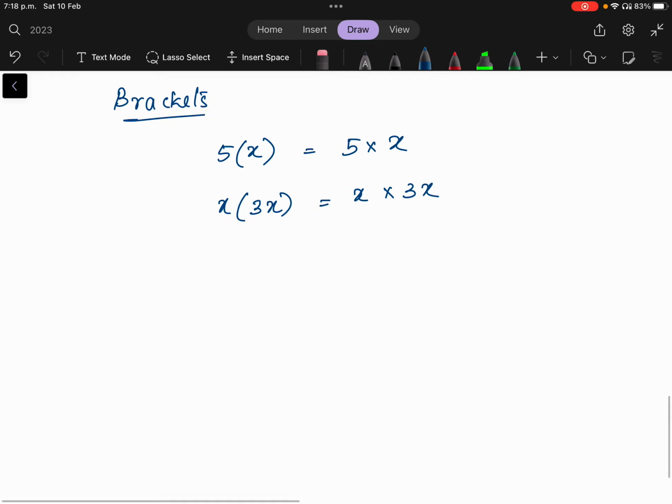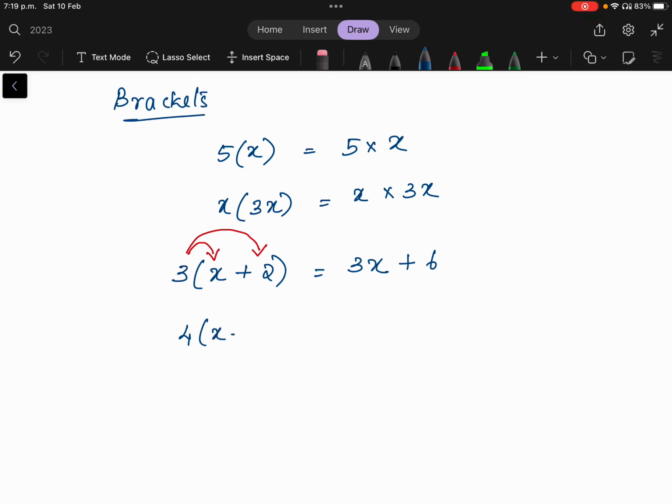Now the brackets we are going to learn now is 3 times (x plus 2). So there is a number here and then there is a bracket here. In this case, you should multiply 3 times x, which will be 3x first, then you multiply 3 times 2, which will be 6. So you have to multiply with both terms.